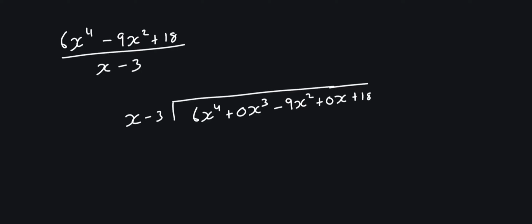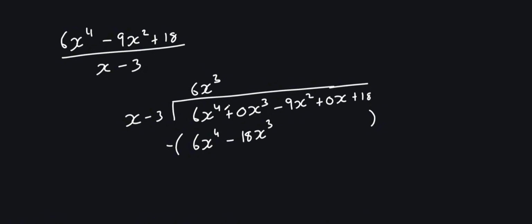So what we're going to do now is divide the first term by x. So 6x to the 4th divided by x would give us 6x cubed. 6x cubed times everything here would be 6x to the 4th minus, what's 6 times 3? So that's 18x cubed, and we're going to subtract it all.